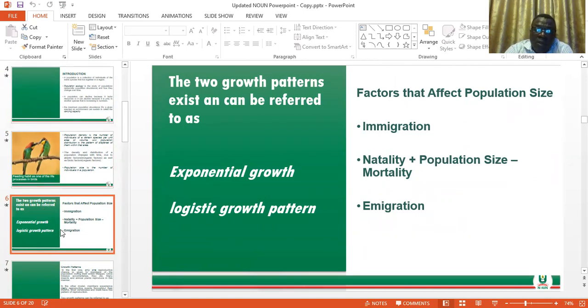And as it does, this population has a pattern, a 2-way pattern, where it grows. It is either exponential growth or logistic growth pattern.